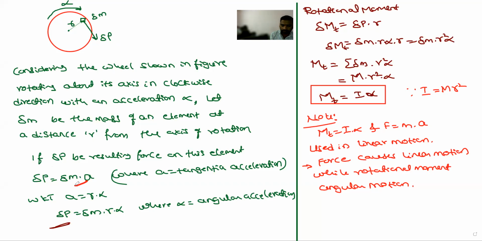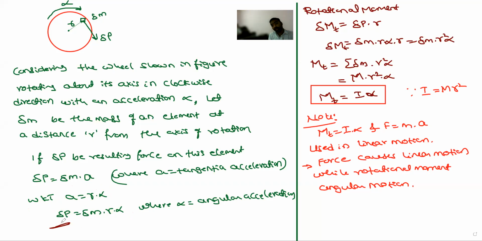I know that acceleration, in terms of angular acceleration, is a equal to r times alpha. So substituting, delta P is equal to delta m into r alpha. Here delta P is the force required for the elemental area.